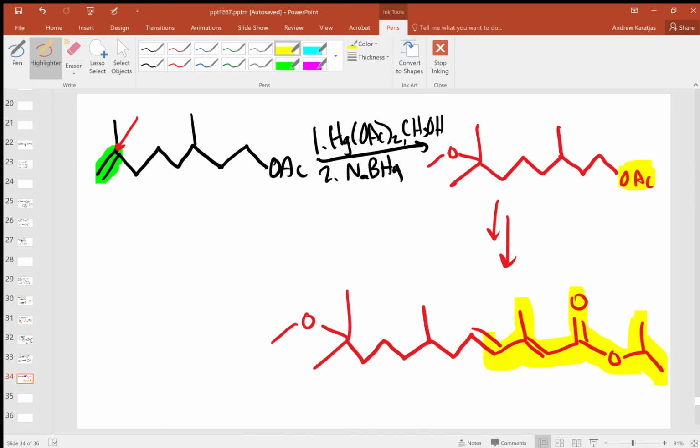And what we've made is actually the active component in Frontline. Frontline being what most people will use on their pets to treat for things like fleas. And this is its active ingredient. And this methoxy group over here, this ether piece, can be made through an oxymercuration reaction.